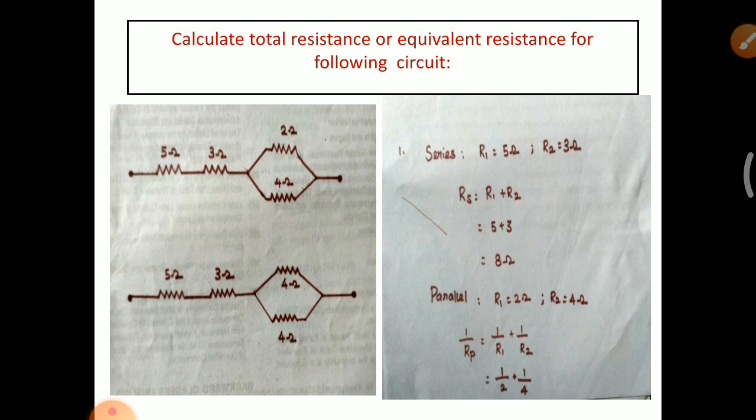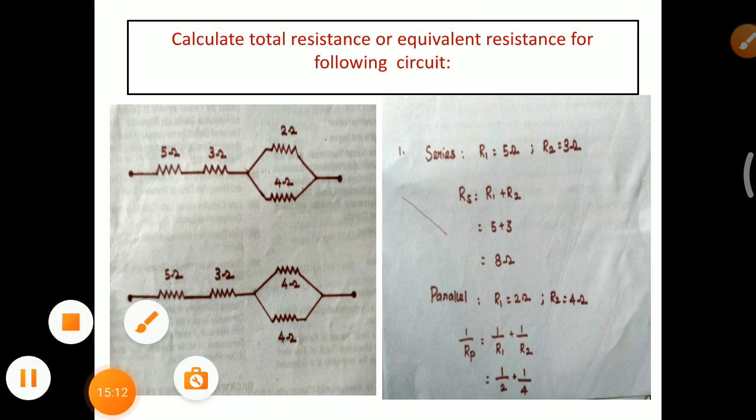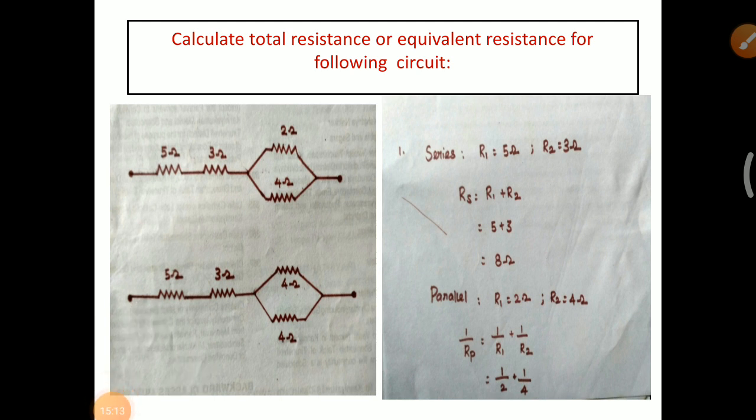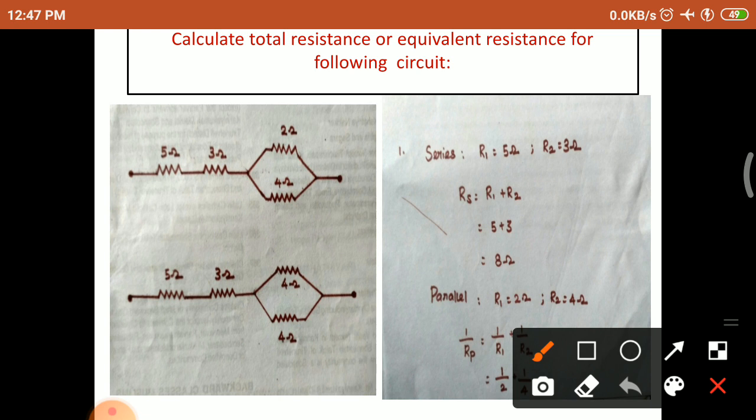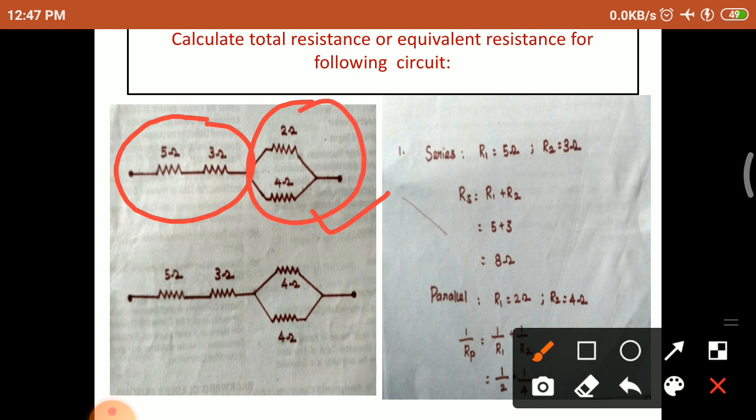The next one, calculate total resistance or equivalent resistance for the following circuit. So see here, the series with a parallel combination. So how to calculate the total resistance for this circuit?